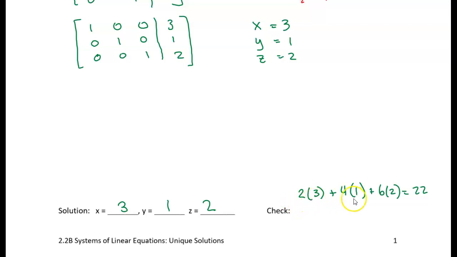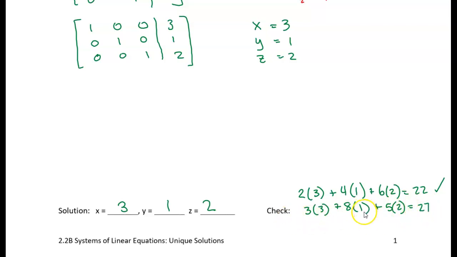So we get 6 plus 4, that's 10, plus 12, that's 22. That checks out. The next equation is 3x, 3 times my x value, which is 3, plus 8 times y, plus 5 times 2, the z value.